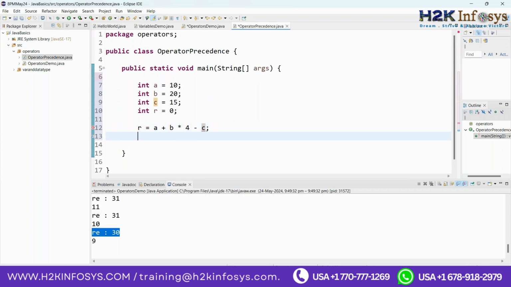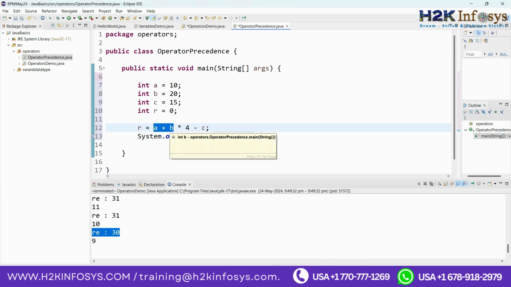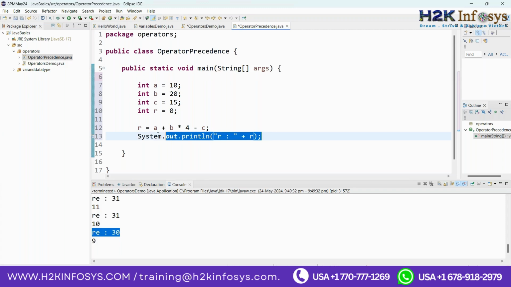What would be the value of this? Anybody guess? 75. So let's see. A is 10, B is 20, so A plus B is 30. 30 into 4 is 120, minus 3 into 5 is 15, so 120 minus 15 is 105. So is 105 the answer?